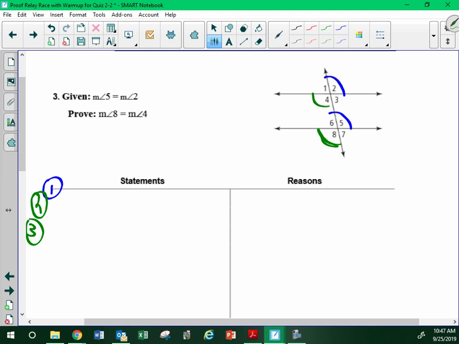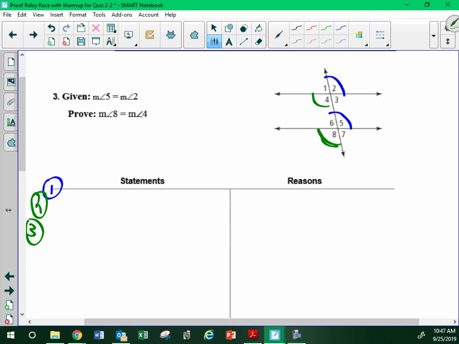Good, definition of congruent. All right, so we've got 3 statements here. We've got 2 and 5 measures are equal, 5 and 8 measures are equal, 2 and 4 measures are equal. So then how do I get to measure of angle 8 equals measure of angle 4? Use the transitive property. Yeah, and we actually get to go kind of a long way with it. We're trying to show 4 and 8 are congruent.